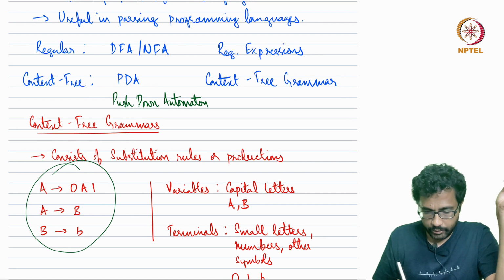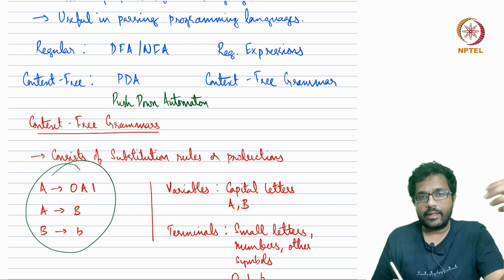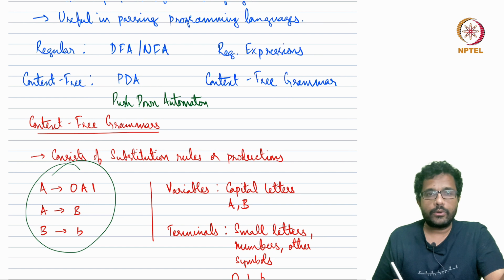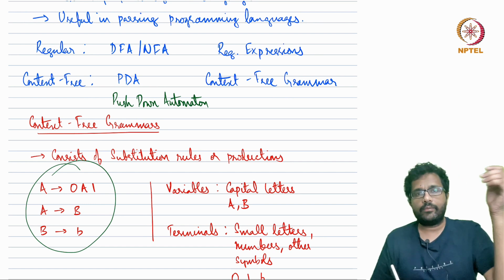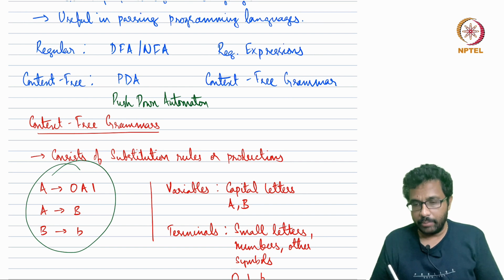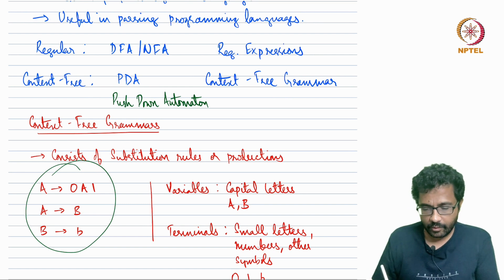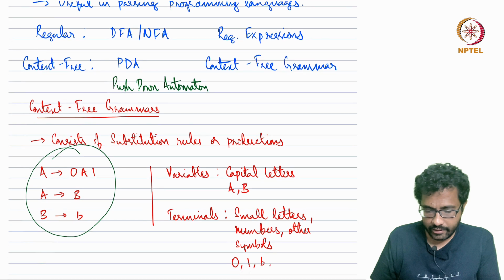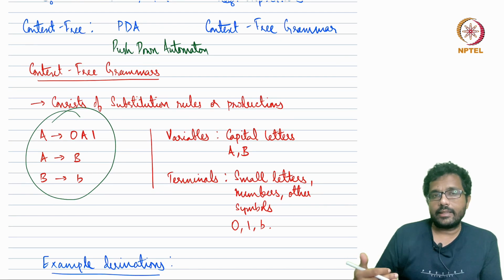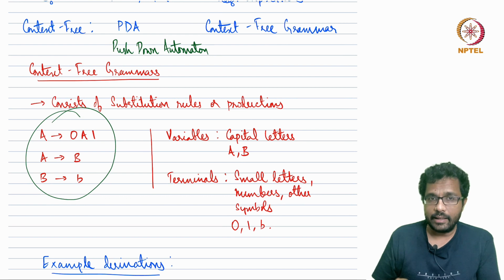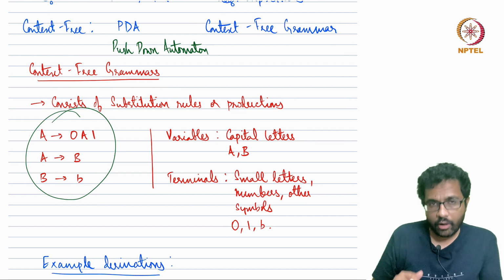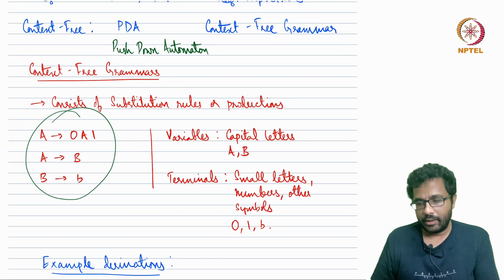We can think of the right arrow as a substitution rule or a production rule. So A yields 0A1, or A yields B, or B yields small b. What this means is that in a certain situation we can replace A with 0A1, or we can replace A with capital B, or we can replace B with small b.